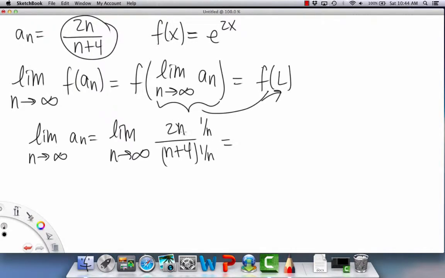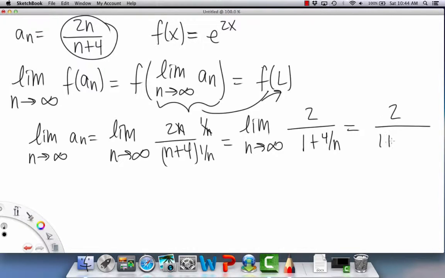On top the n's cancel, so we have a 2, and on the bottom n over n is just 1, plus 4 over n. When we plug in infinity, we get 2 over 1 plus 4 over infinity, and this tends to 0, so that goes away. Our limit equals 2 over 1, which is just 2.